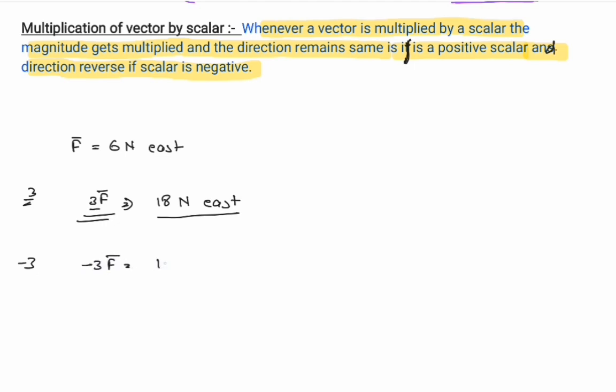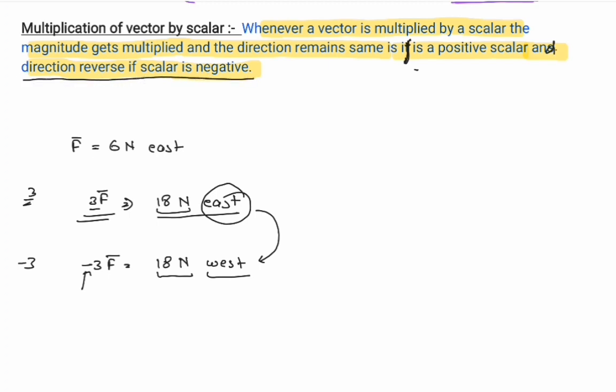It is going to be 18 Newton, but this east direction is going to be reversed. Now the direction is going to be west. When you multiply with a negative scalar, the magnitude is the same as with a positive scalar. The magnitude in both cases is the same. Only the direction is reversed. The same thing is written over here: direction reverses if the scalar is negative.